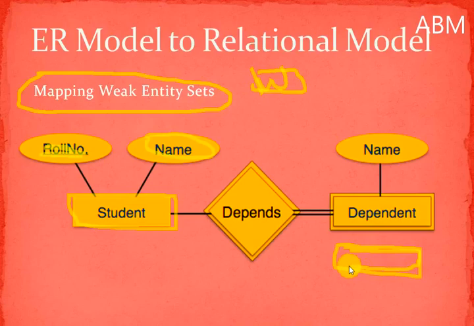As you can see, this entity is shown with a double line, and it has only a name and no other attribute which may be used to populate its data uniquely. So it is a weak entity. This shows that this dependent entity actually depends on the student.